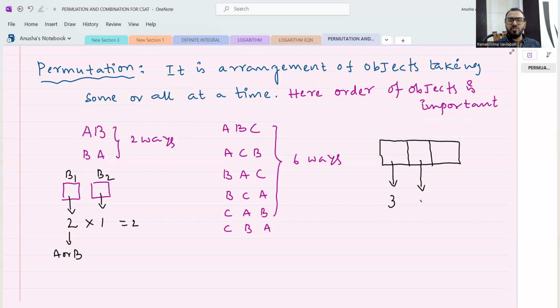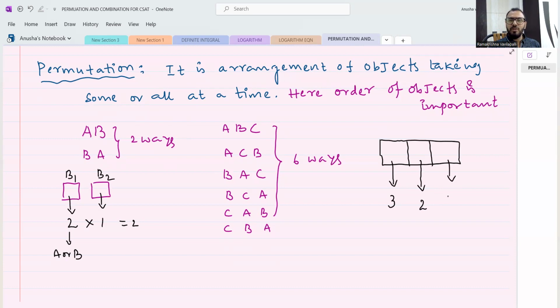In the second place, there are two ways. Suppose I have kept A in the first place and the remaining two objects are B and C, hence the second box can be filled in only two ways. Here I don't want to repeat the objects.